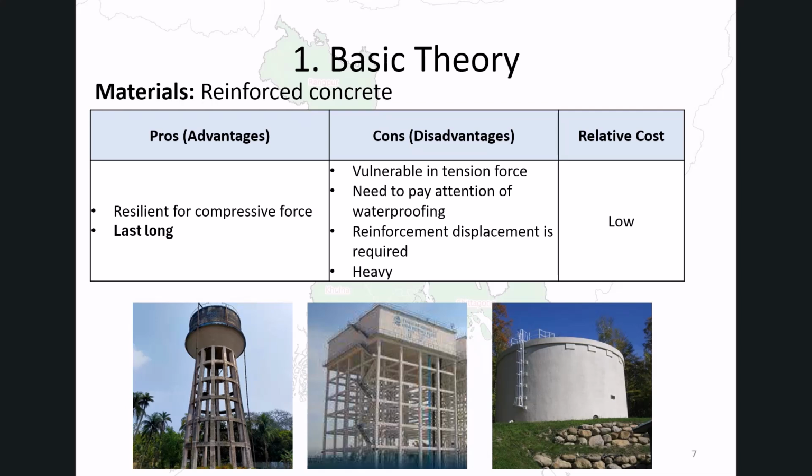Reinforced concrete has the characteristics of being strong in compression and having a long service life. In addition, the material cost is relatively low. However, waterproofing is required to prevent deterioration. Its disadvantages are its heavy weight and the long curing time required.